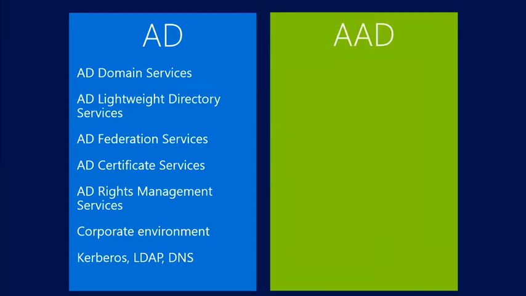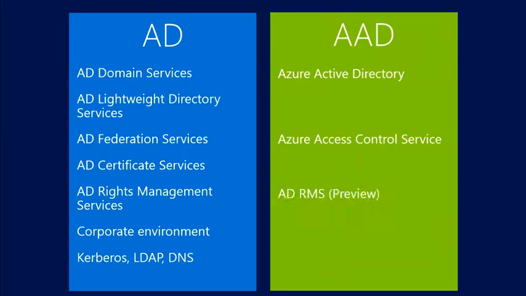If we go over to Azure Active Directory, at this point, it's not nearly that mature. So we've basically got Azure Active Directory. In terms of federation services, we're using Azure Access Control Services. This slide used to say that there was no rights management, but 4 days ago, Microsoft announced that there was a preview of rights management service for Azure.